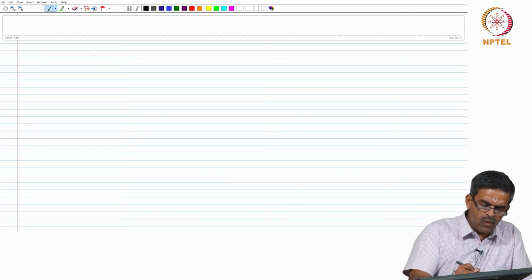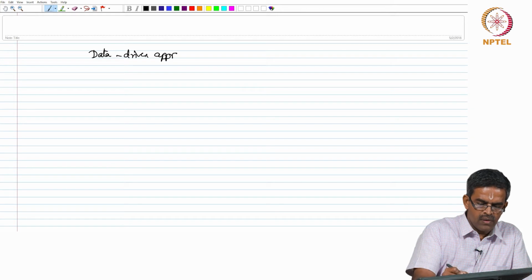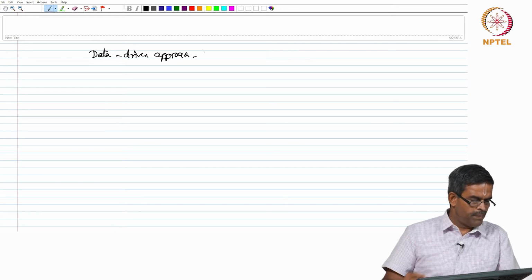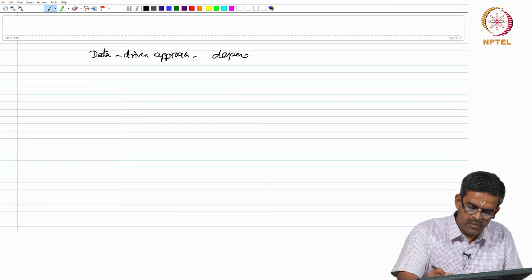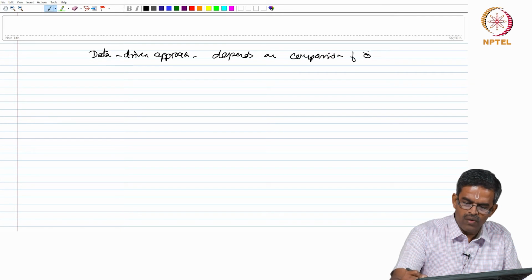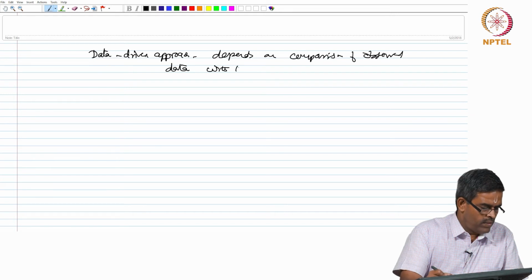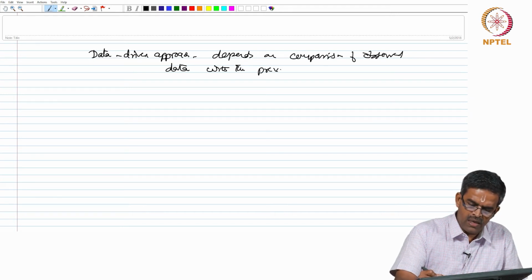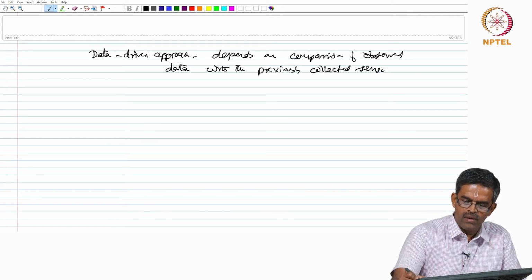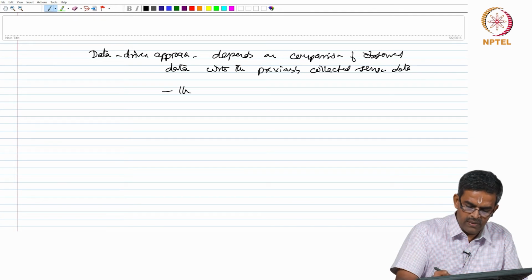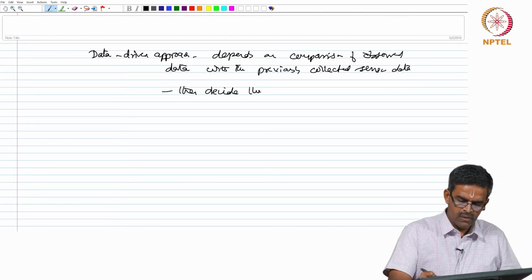The data driven approach depends on comparison of observed data with the previously collected sensor data and then decides the damage scenario.